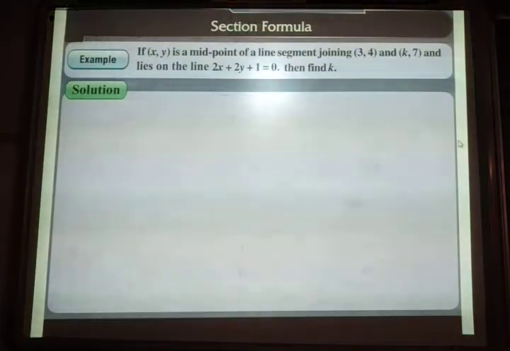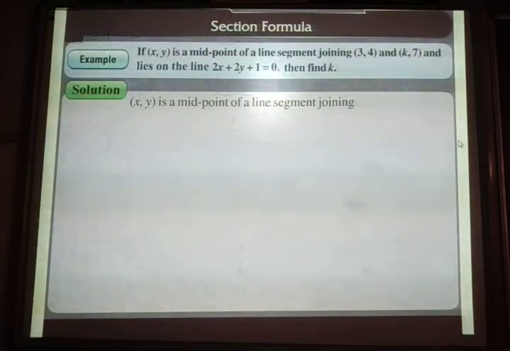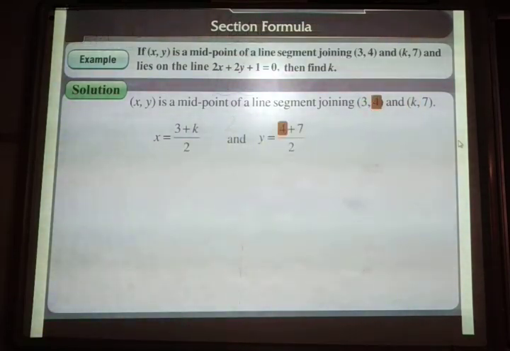Solution is as follows. (x, y) is the midpoint of line segment joining (3, 4) and (k, 7). x is equal to (3 plus k) upon 2 and y is equal to (4 plus 7) upon 2. Therefore, 2x is equal to 3 plus k and 2y is equal to 11.